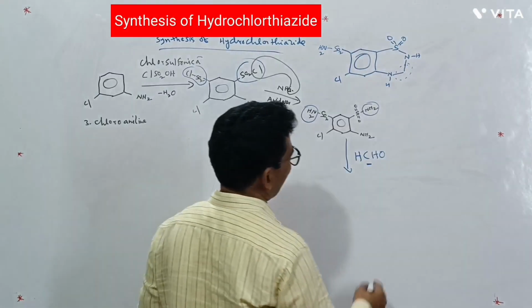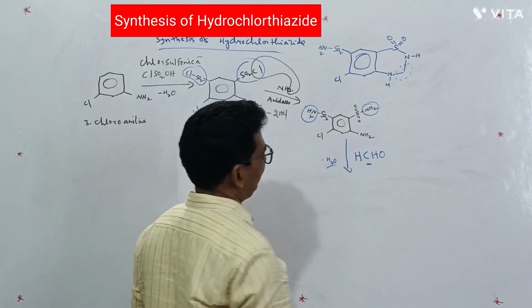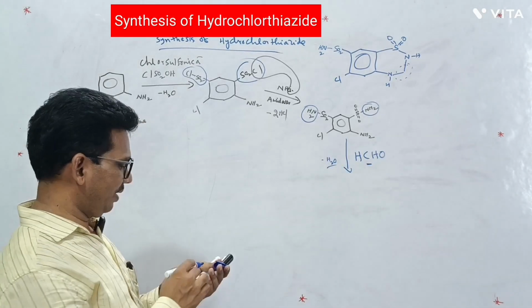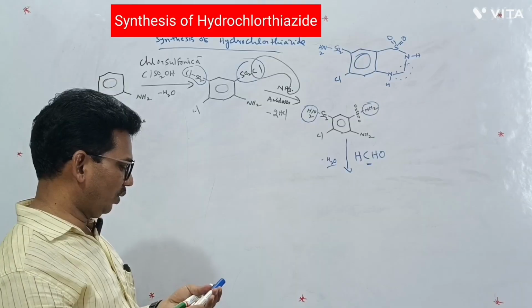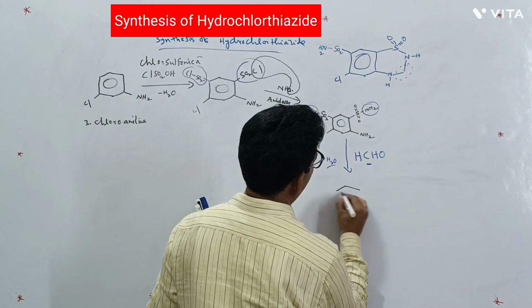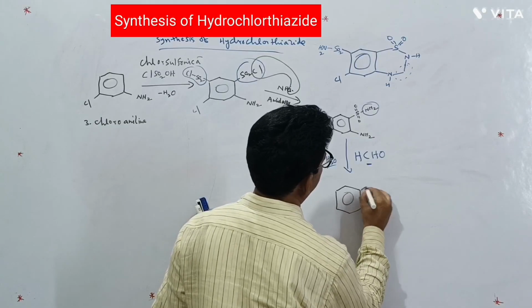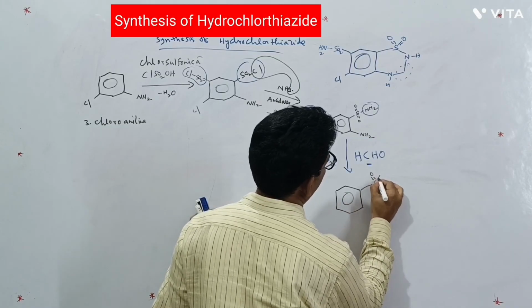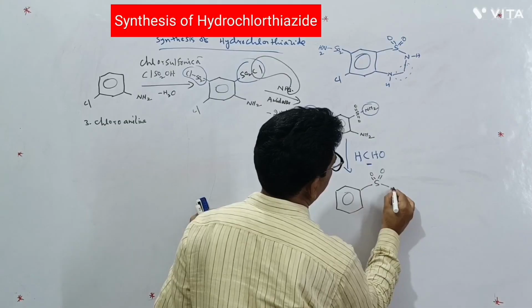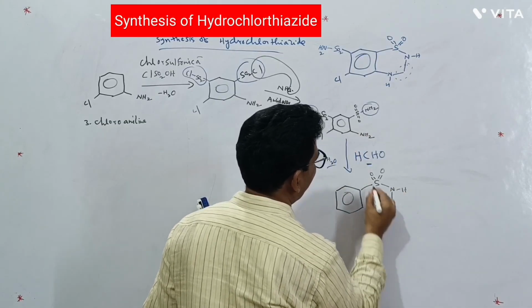Then when the carbon comes, it relieves water. Now what happened? It undergoes cyclization with the help of formaldehyde to give hydrochlorothiazide.